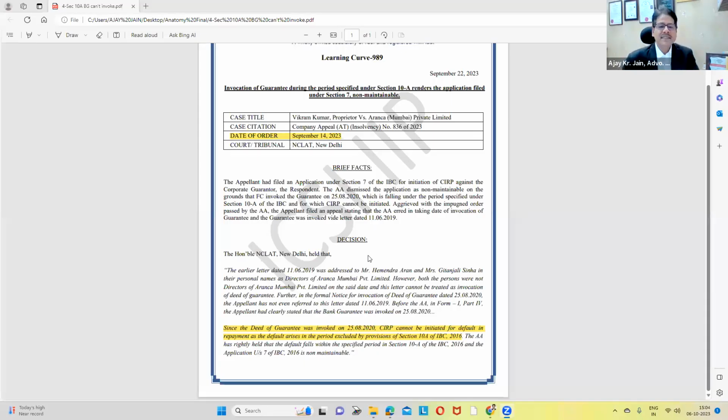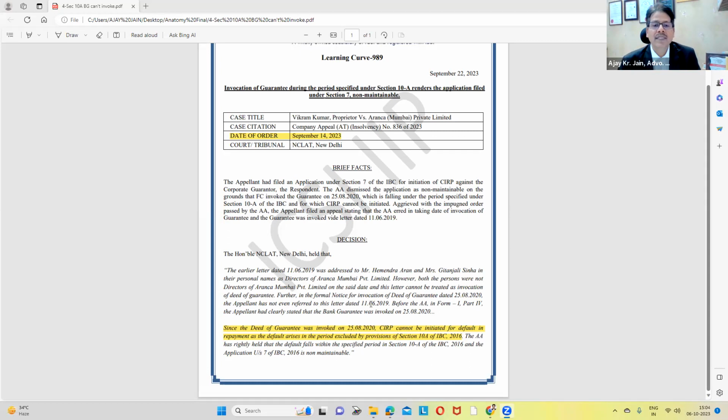I'll share the judgment. What happened here? The earlier letter dated 16/11/2019 was addressed to Mr. Hemendra Aran and Gitanjali Sinha in their personal names as directors. However, both persons were not directors of Aranka Mumbai Private Limited on the said date, and this letter cannot be treated as invocation of the deed of guarantee.